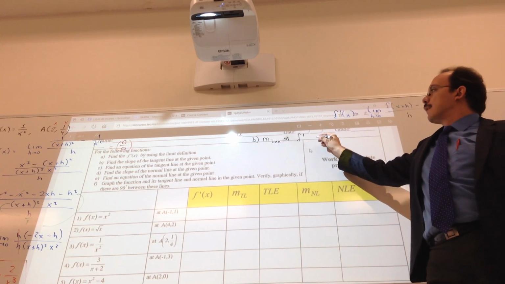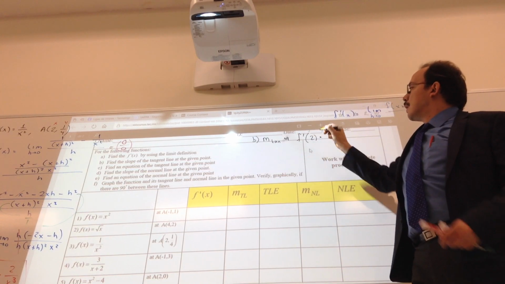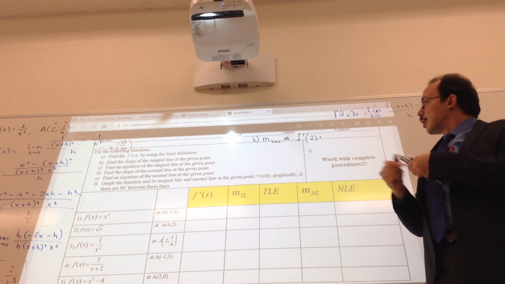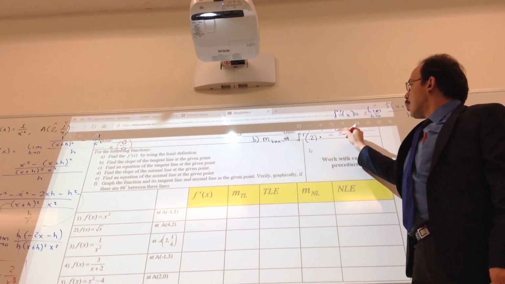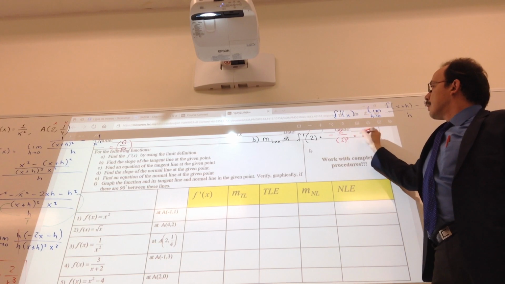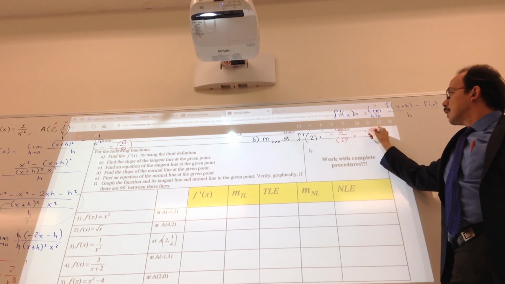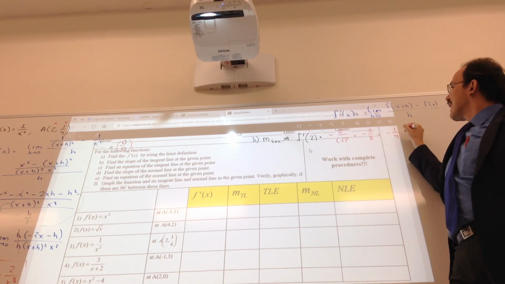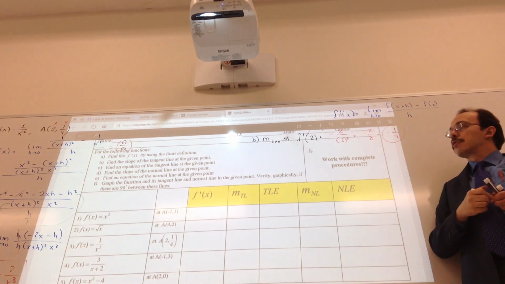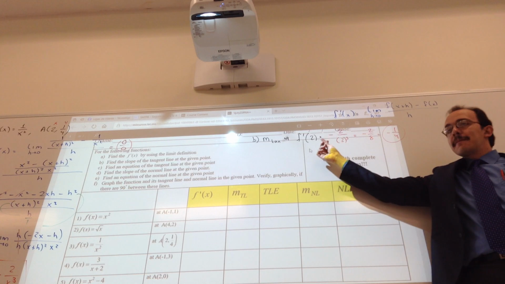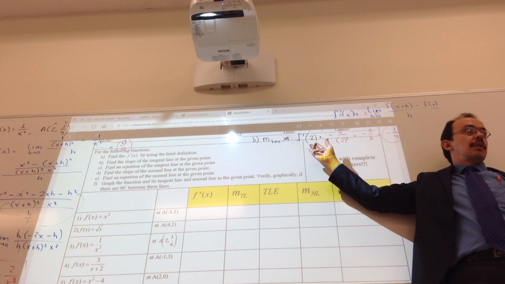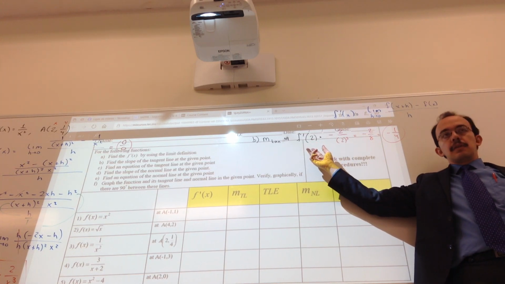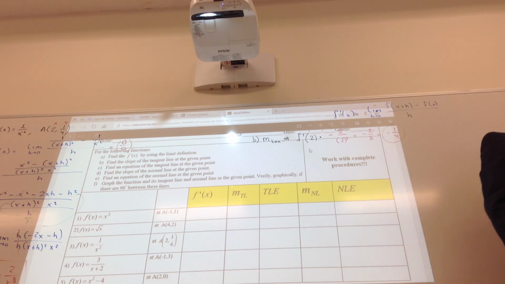So it's going to be 4, minus 2 over 2 to the cube. So it's going to be what? Minus 2 over 8, which is minus 1/4. That's the slope. Remember, to find the slope, put the value of x in the derivative. Substitute in the derivative. Okay, don't forget that.